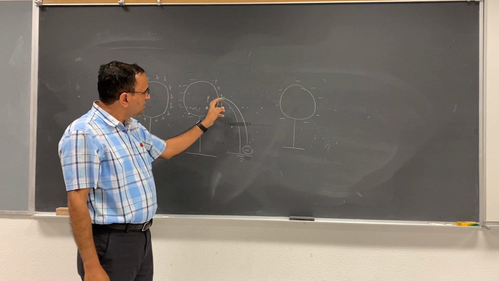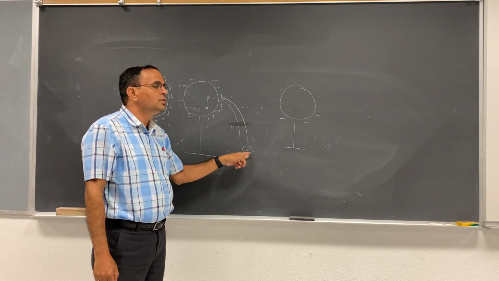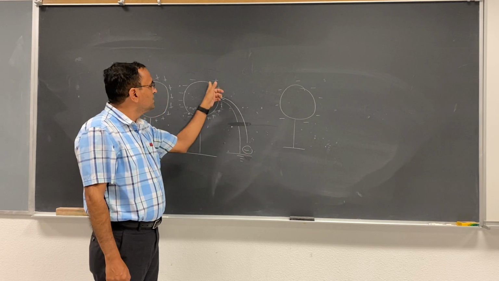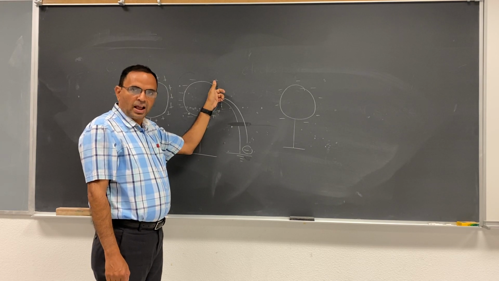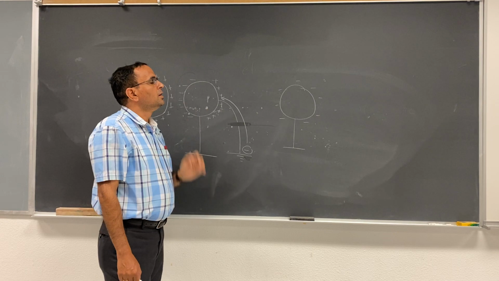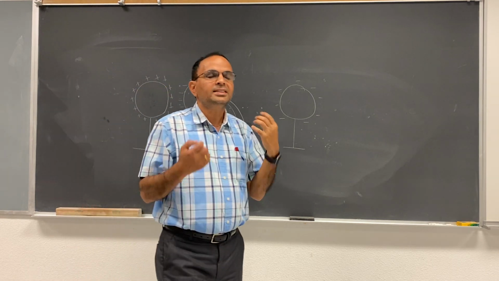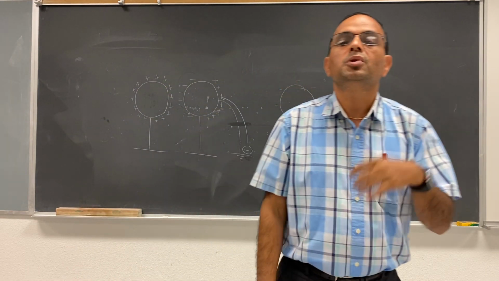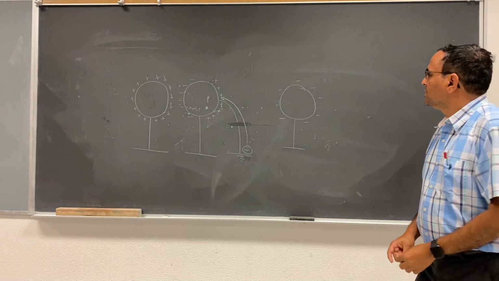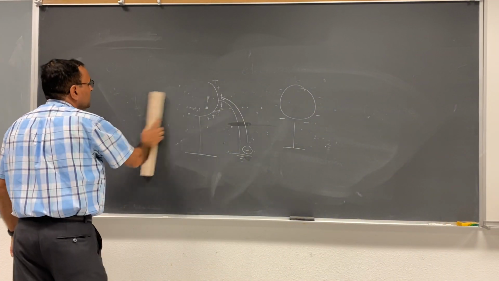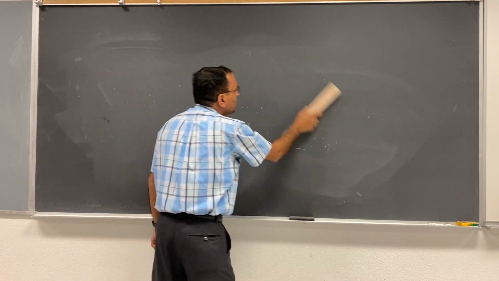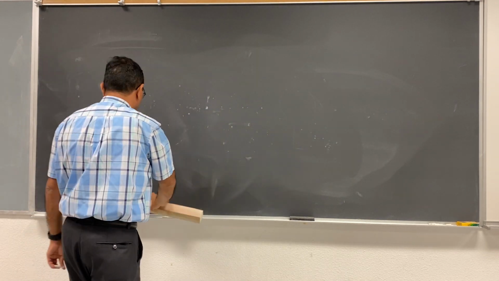If you connect this to the ground, actually the negative electrons go there and neutralize the positive charge. That's what happens here. Because the proton is inside the nucleus and is not moving, only the electron is moving. So it is better to know. So this is about the electrostatic induction.